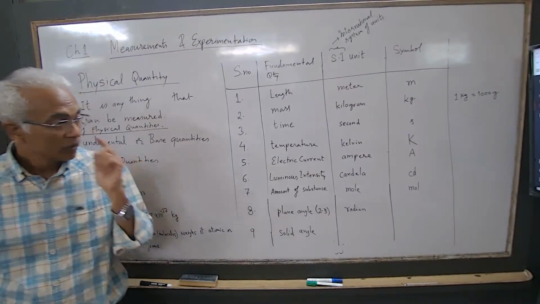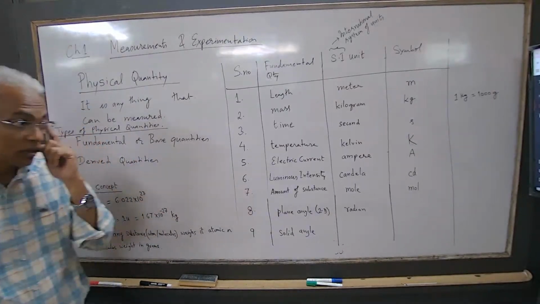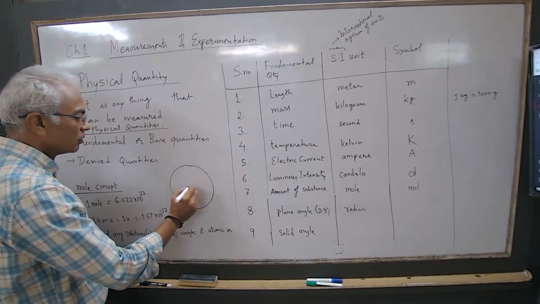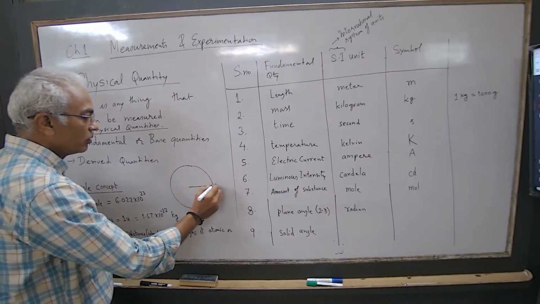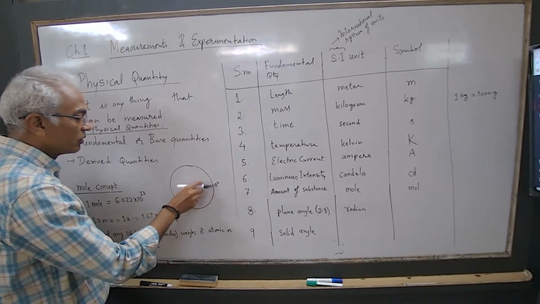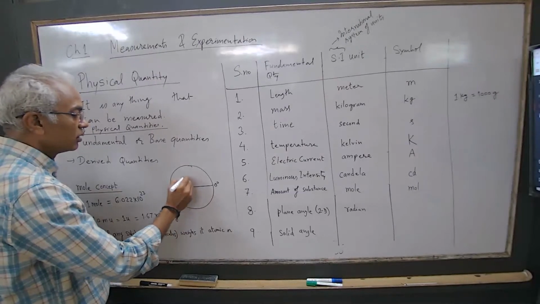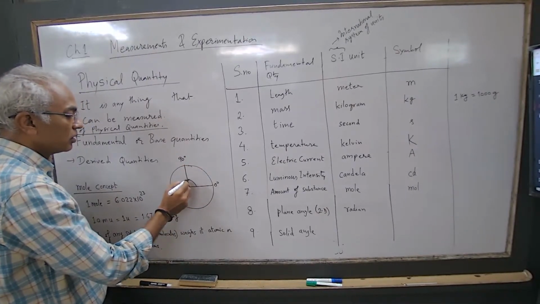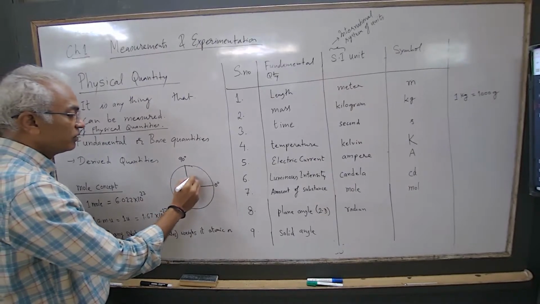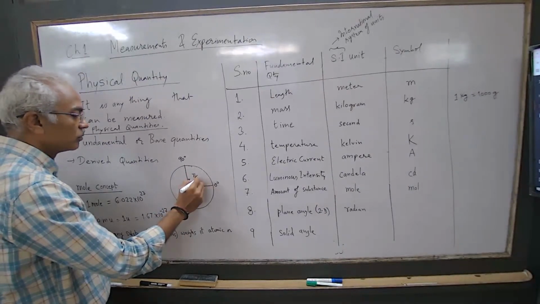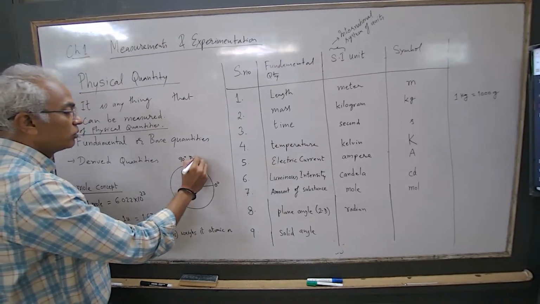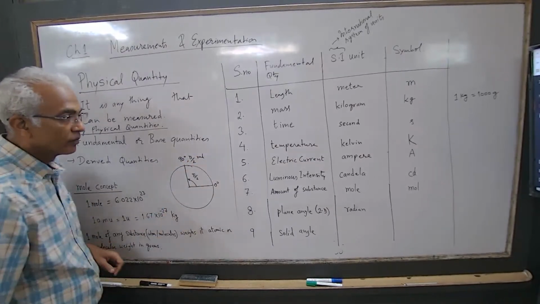Okay. So there is a relation between degree and radian. In a circle, right now it is 0 degree, but when the radius turns by 90 degree, in terms of radian we call it pi by 2. So 90 is pi by 2 radian.